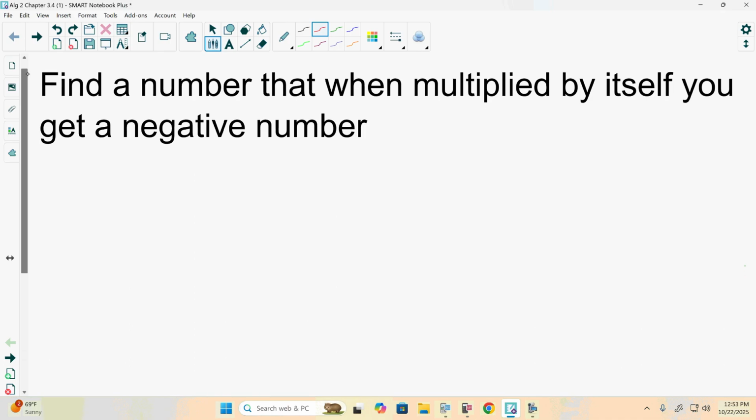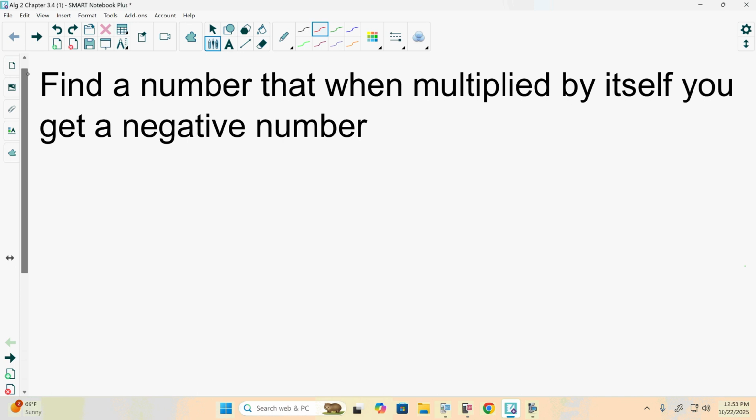Now, picking up where we left off yesterday, the fact that we can't find the square root of negative 5/2, we came up with this error, this doesn't work. So what we're going to do, all right guys, is we need to find a number that, when multiplied by itself, gives us a negative number.